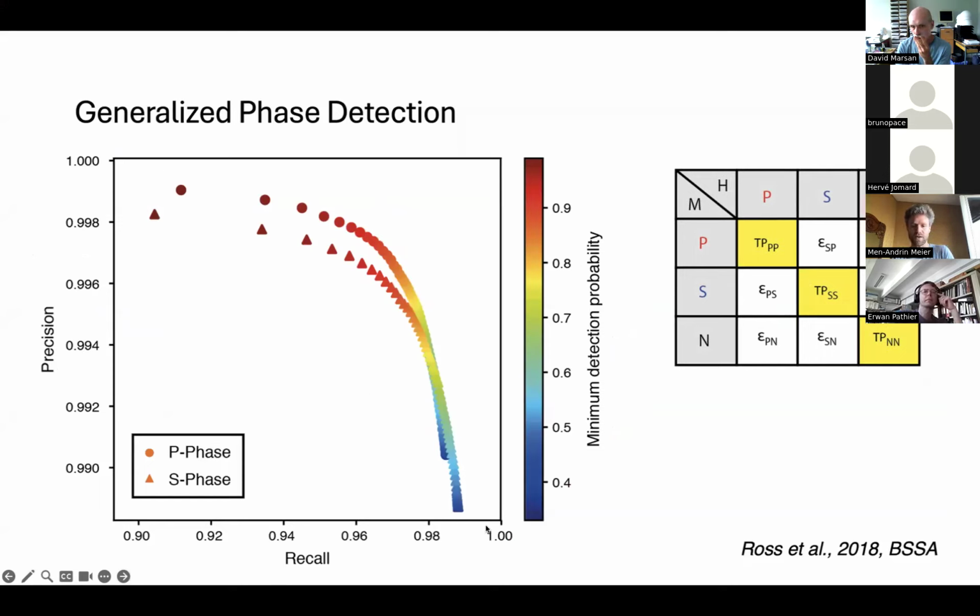And a model with high recall is one that never misses a phase. And so you can see the combinations that you can get. And in this particular case, we're at 99.5% precision and 98% recall. So you have an idea of how often you fail.